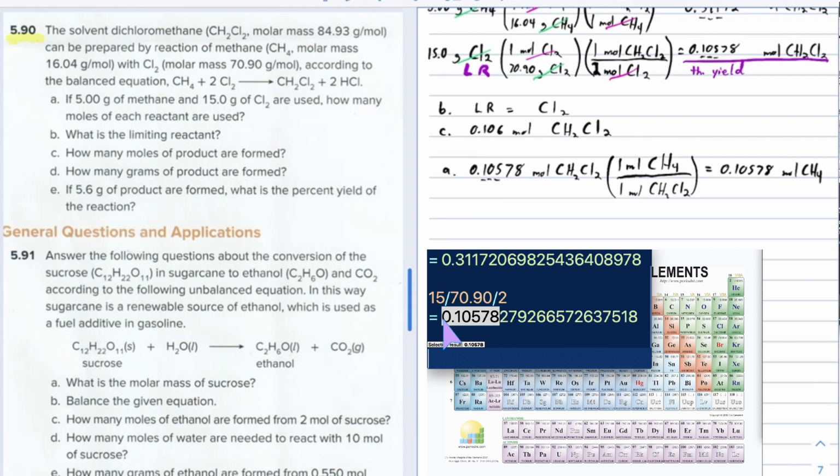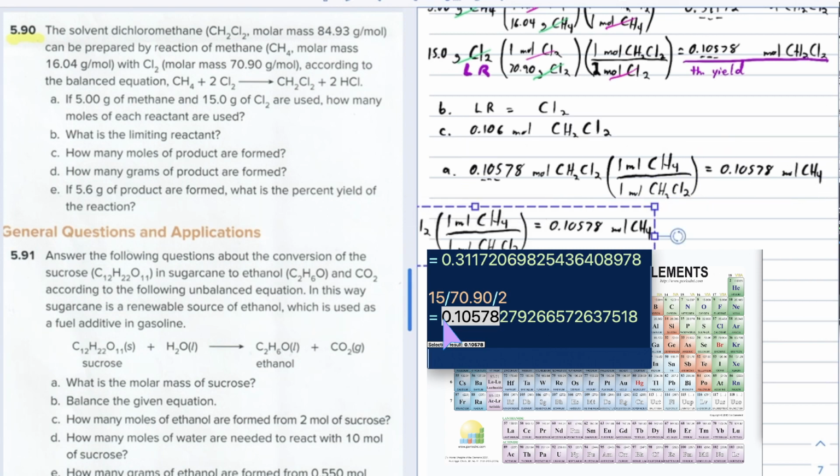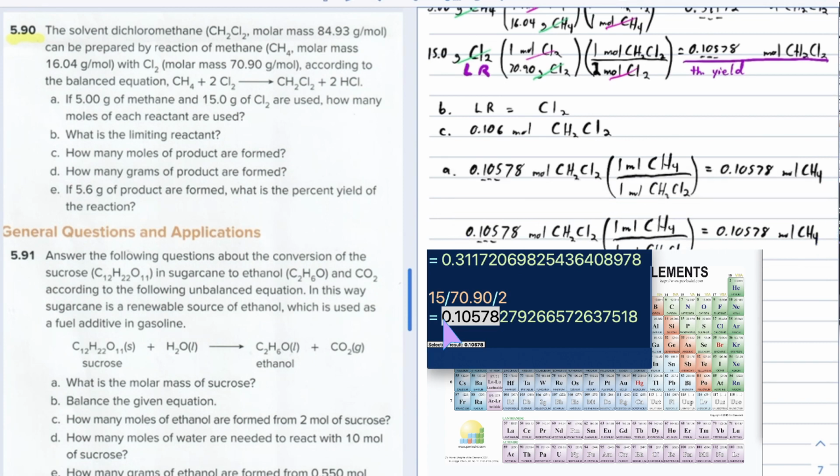And then doing a similar calculation for the chlorine, let's just copy this and paste it right there. And we're going to change this, get rid of some of this stuff. This will be the chlorine up here, and that'll be a different answer. So moles of chlorine. And remember, for chlorine, it's a 1-to-2 ratio.